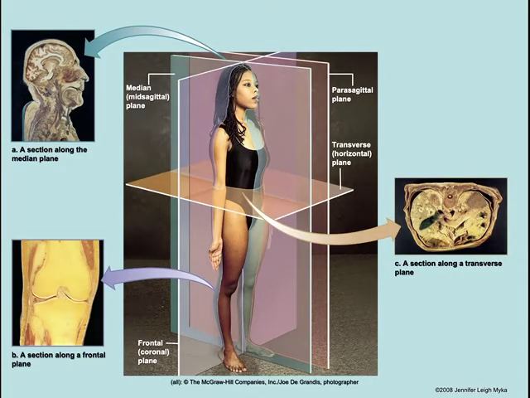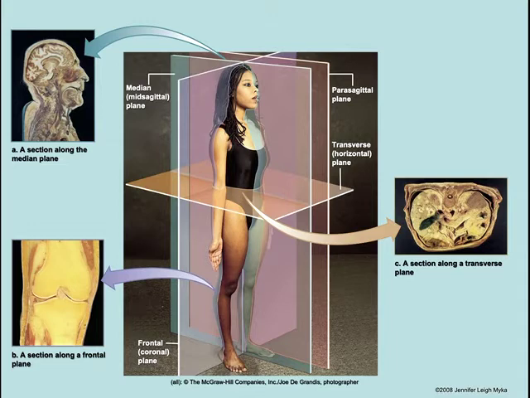We talked about planes of section, the fact that you can cut the body into a transverse, a sagittal, or a coronal, which is also sometimes called a frontal plane. The reason that this is an important concept is because we can use techniques that image the body in different planes in order to look at the condition of internal organs or disease processes and see if there's a problem that we need to address and what the exact problem is.